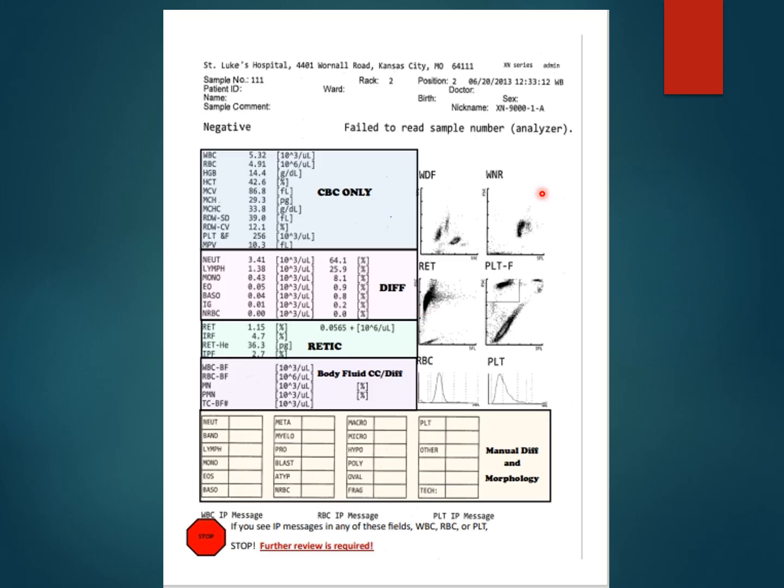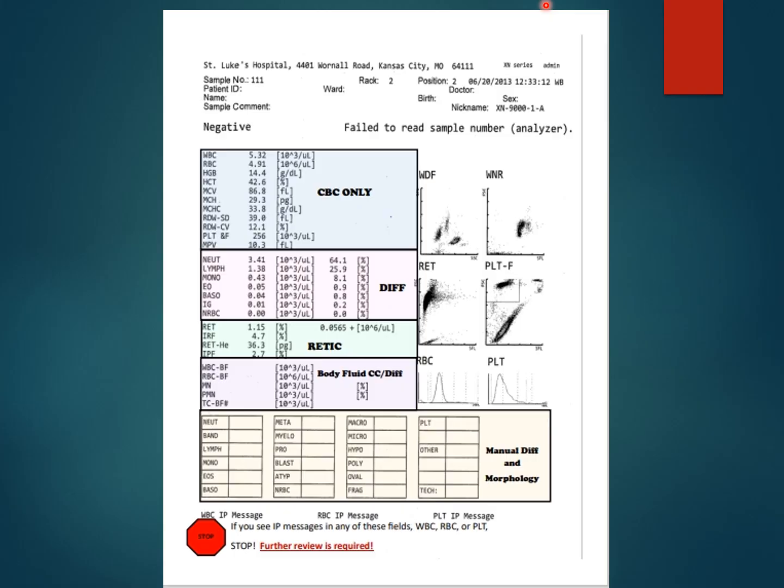But yes, this is what our general CBC looks like. And we will get more in detail about these different scattergrams and the different parameters we're looking at when you get to your senior year, when you're on your bench rotations.